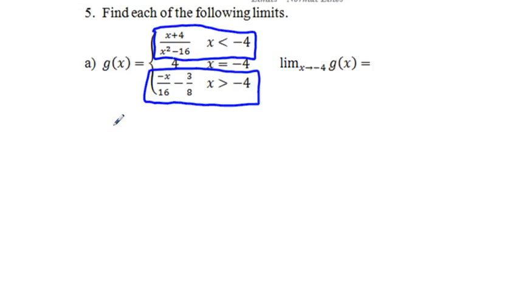So we're going to set the left side limit, which is x plus 4 over x squared minus 16, the limit as x approaches negative 4. I didn't write it right.